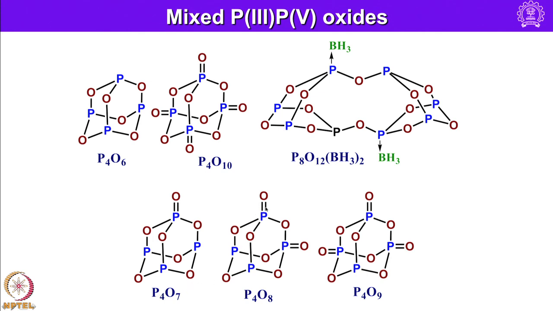Similarly, 2 of them on oxidation gives P4O8, and when all 3 are oxidized, leaving only one in trivalent state, it becomes P4O9. So, in contrast to the high stability of phosphorus 5 oxide, arsenic, antimony and bismuth more readily form oxides with oxidation number +3, specifically As2O3, Sb2O3 and Bi2O3.